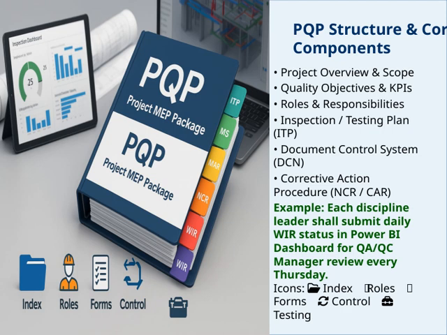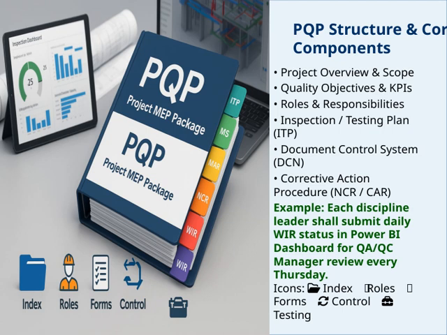Our document control system, represented here by the DCN icon, ensures all documentation is properly managed, up-to-date, and accessible. This is vital for maintaining consistency and traceability. Lastly, the Corrective Action Procedure, or NCR and CAR, provides a structured way to address any issues that arise, ensuring continuous improvement.